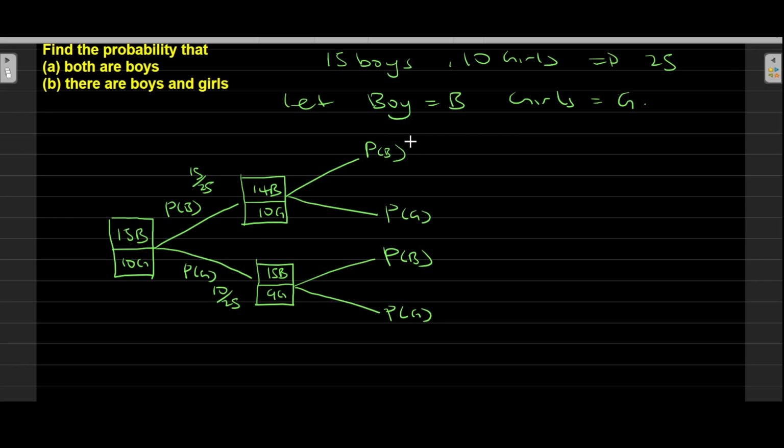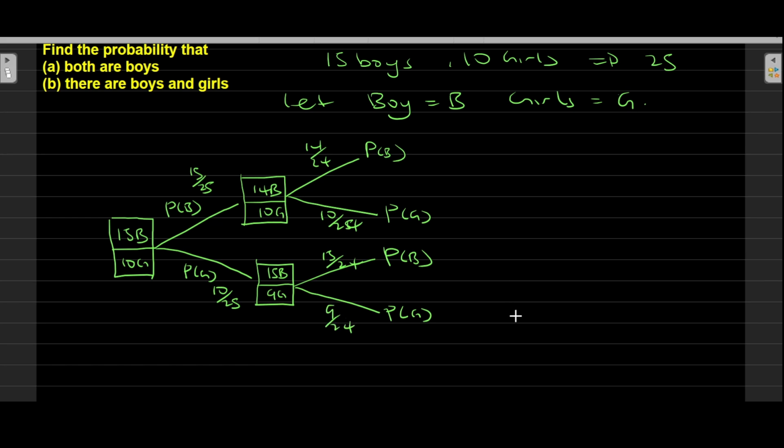The probability here in this case is going to be 14 out of 24. Now the total changes: instead of being 25, because the number has been reduced, it is now 24. The same thing here, the probability is going to be 10 out of 24. Here it's going to be 15 out of 24. Here it is going to be 9 out of 24.